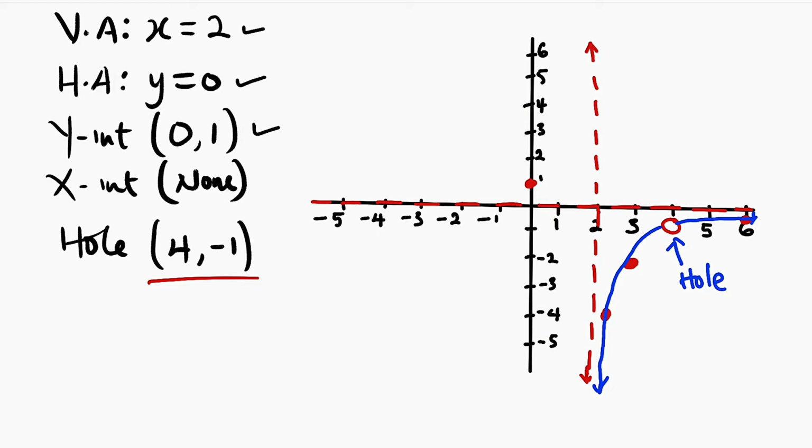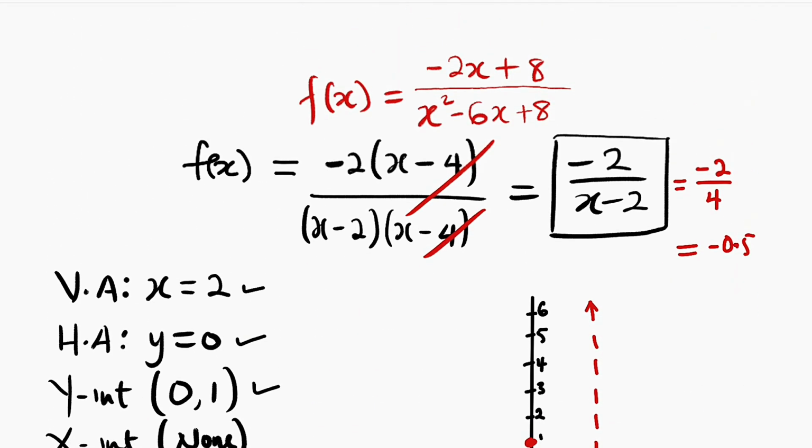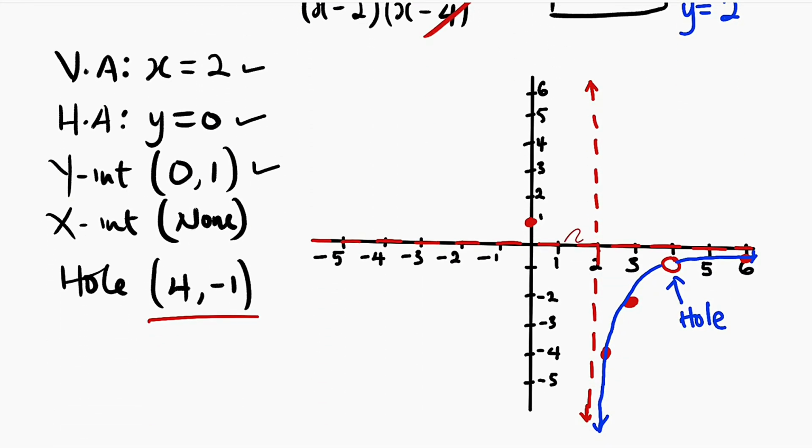Okay, let us plug some other points to the left. Let's test when x is positive 1. When x is positive 1, we have negative 2 divided by 1 minus 2 is minus 1. And this is equal to positive 2. So when x is 1, y is 2, somewhere here.